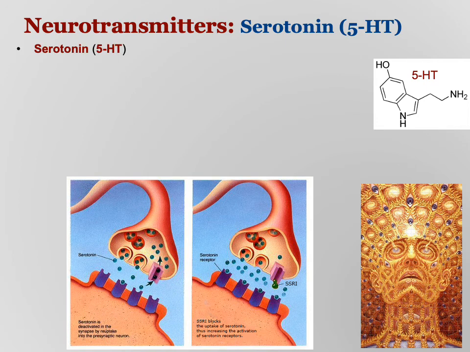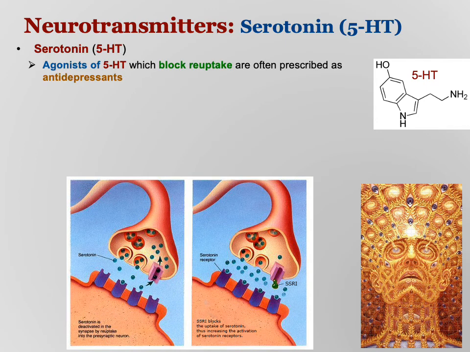So what's happened now is agonists that block reuptake, prescribed as antidepressants, there's a whole new class. They're called SSRIs, selective serotonin reuptake inhibitors. Whereas the tricyclics were working a lot on both norepinephrine and serotonin, the SSRIs are working mostly on serotonin. They're prescribed for a lot of things, by the way, besides depression, eating disorders and panic attacks as well.